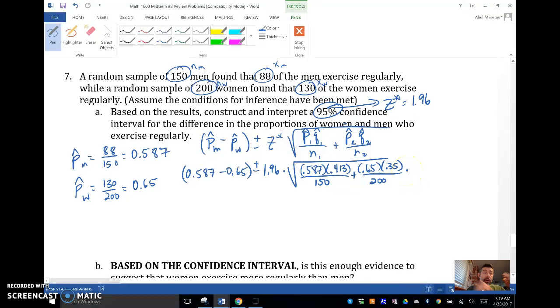All right, and then we're going to plug all that stuff in our calculator, and we're going to go to confidence interval, which is going to be negative 0.166 and positive 0.04. All right, so now we need to do this in context. We need to interpret our confidence interval. We can't just leave it like that.